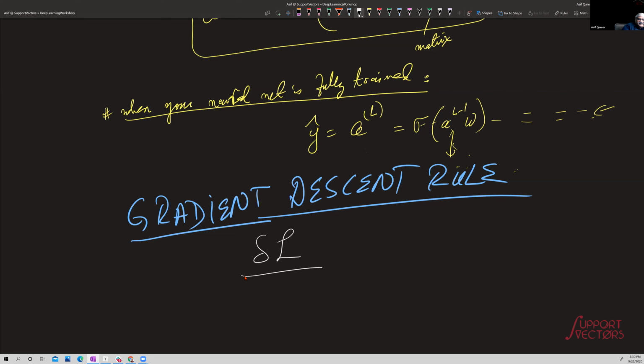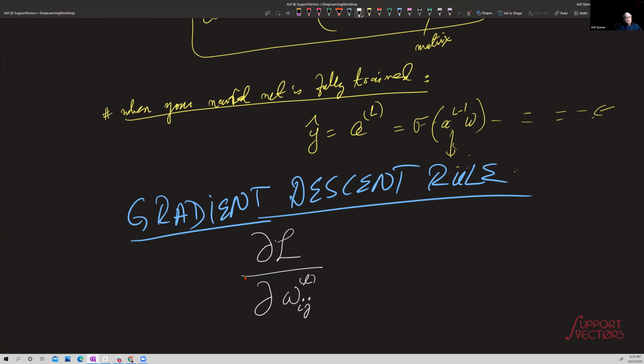Let me write a partial derivative to emphasize that. Partial derivative of this, let me write in green symbols, with respect to some layer L, weight i, j of some layer.